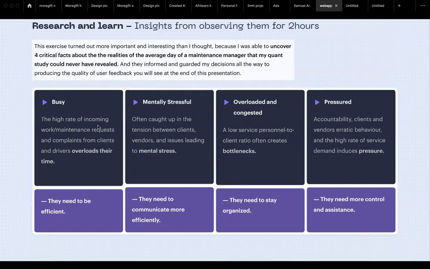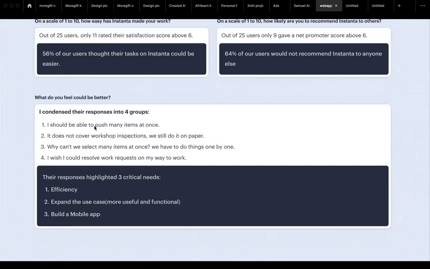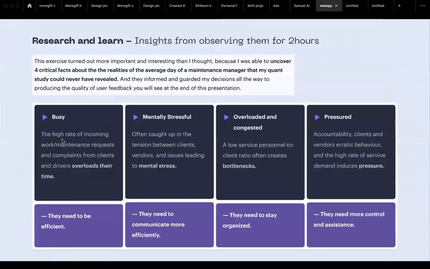The high rate of incoming work, maintenance requests, and complaints from clients and drivers overloads their time. They didn't say this here. It was revealed that they wanted to push as many requests as possible at once. But here, I only knew that they want to do many at once. It doesn't tell me why. But here, I could see why.